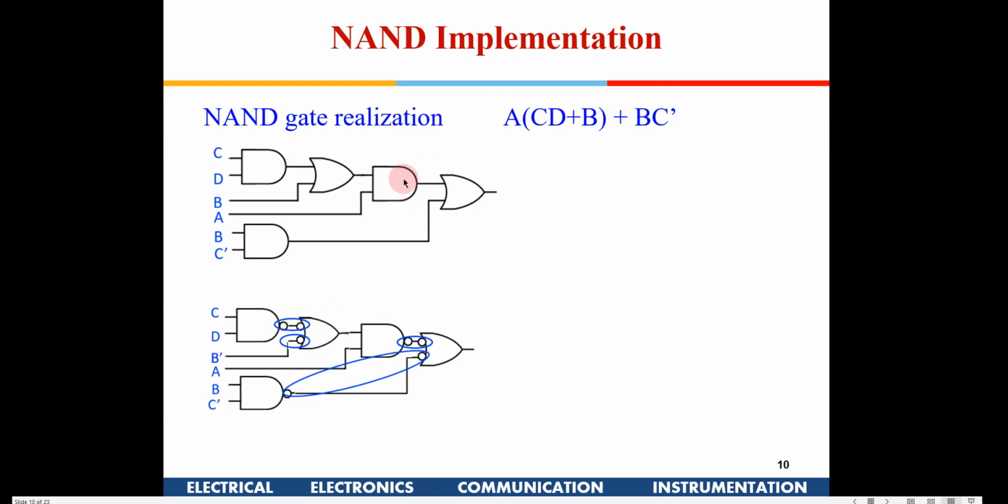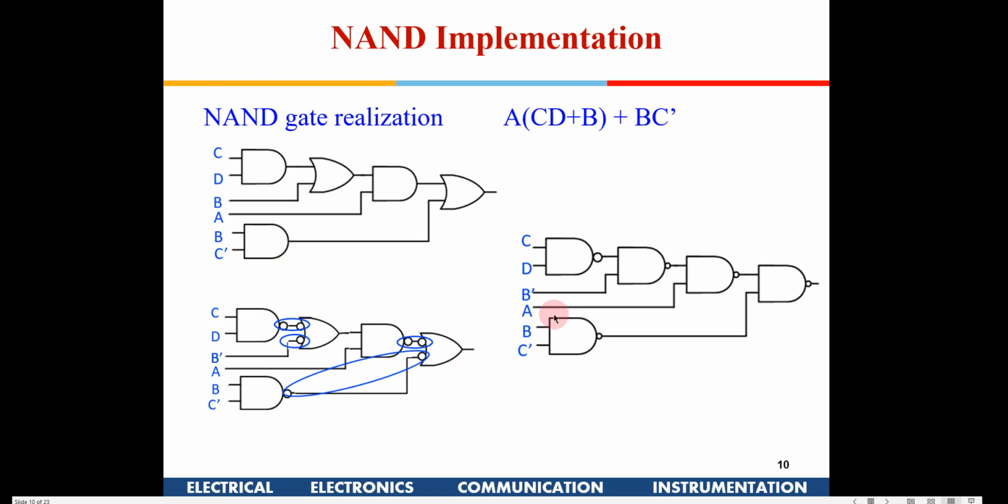Now I have an AND gate here, so I put a bubble here, and this becomes NAND. To compensate that, I have to put one more bubble here, to compensate this bubble. Now this is an OR gate. To make this a NAND, I have to put one more bubble here, and to compensate that, since this was an AND, I put one more bubble here. Now this bubble along with this AND has become NAND.